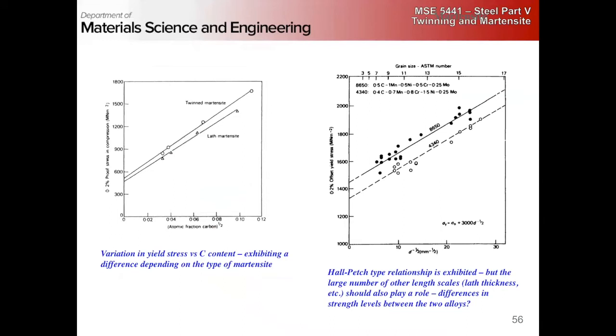And so a lot of this lath and twin martensite gives you a slight difference in strength, but it's not really all that significant. And this is a Hall-Petch type effect as a function of the lath thickness. So the fineness of your martensite structure also is going to affect your strengthening, right? So that's it on twinning and martensite.